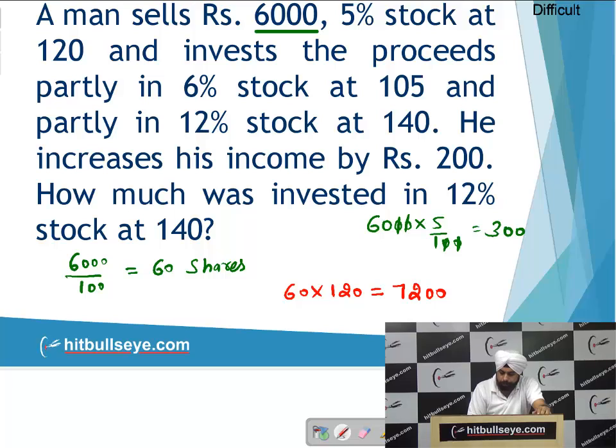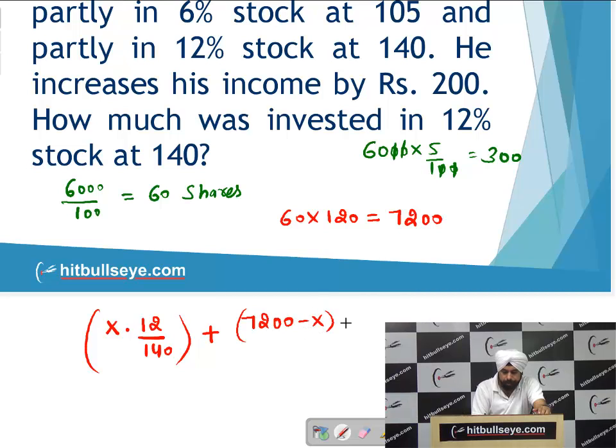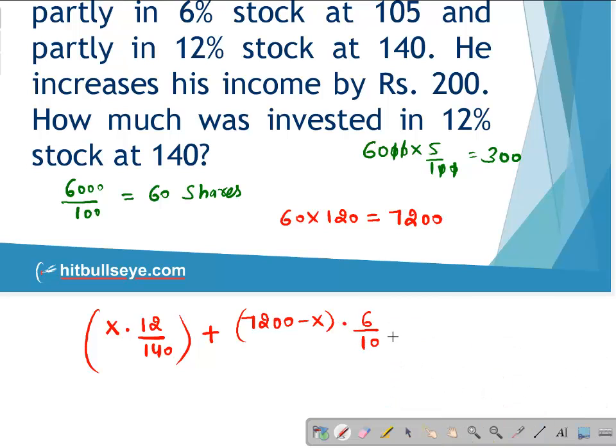Now out of this, students, he invests sum of money X such that he earns 12 rupees on every 140 invested, plus the remaining 7,200 minus X. He invests so that he earns rupees 6 on every 105.